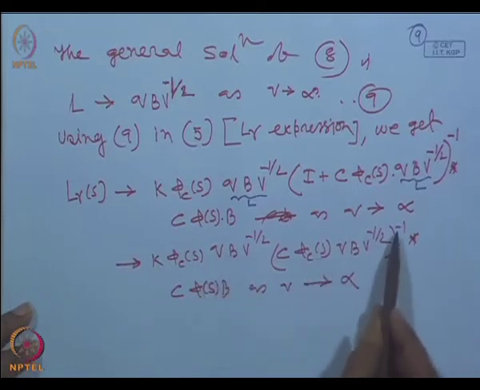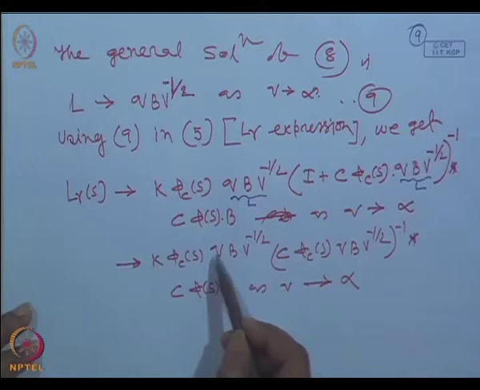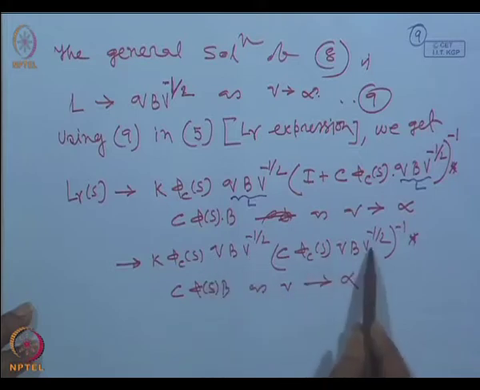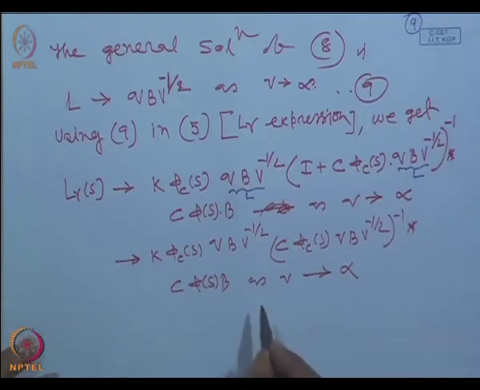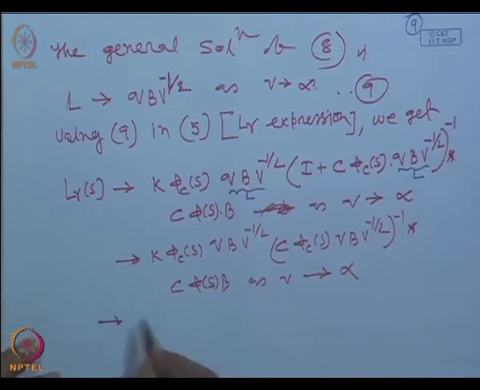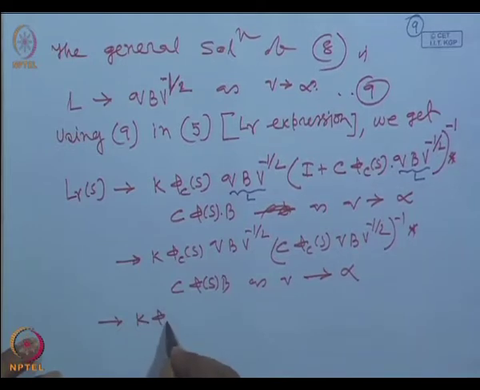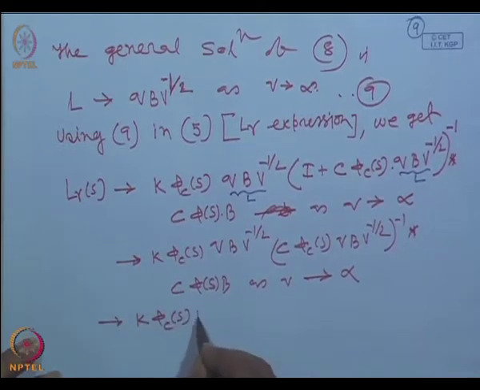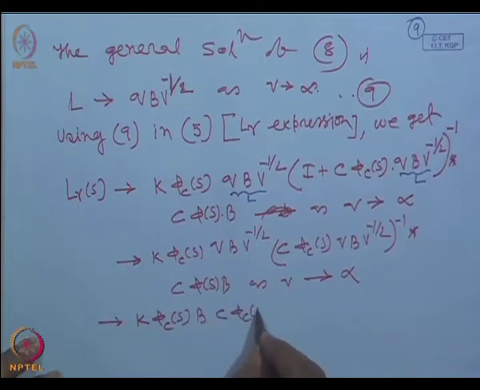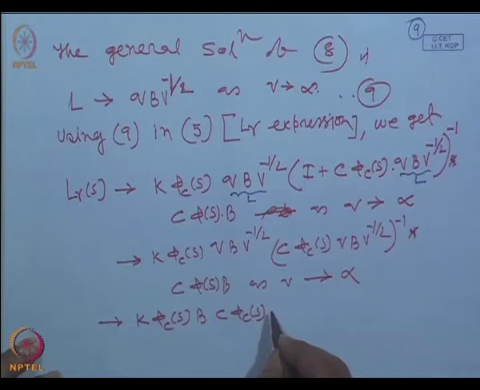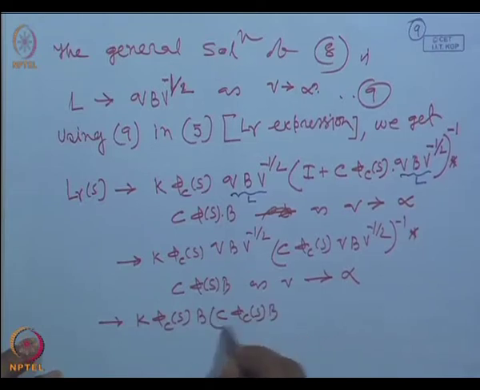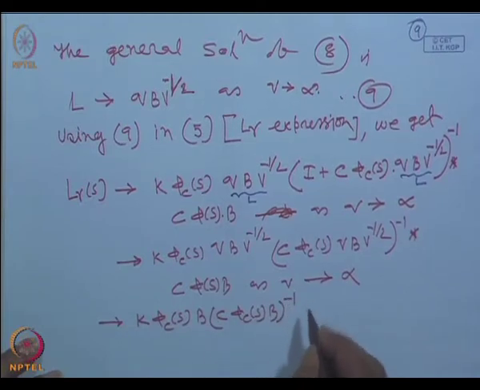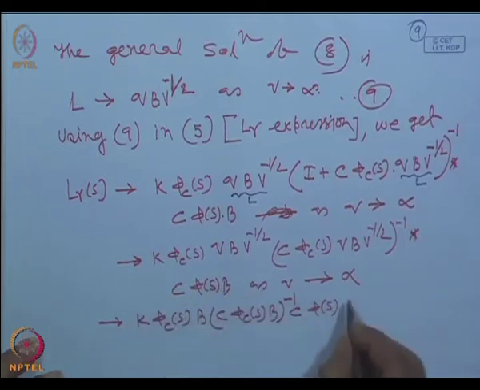Now look at this one, this is inverse, so q cancels, then V is the identity matrix. So this expression finally will come as K phi C of S B, then C phi C of S B whole inverse, C phi of S B as it is.